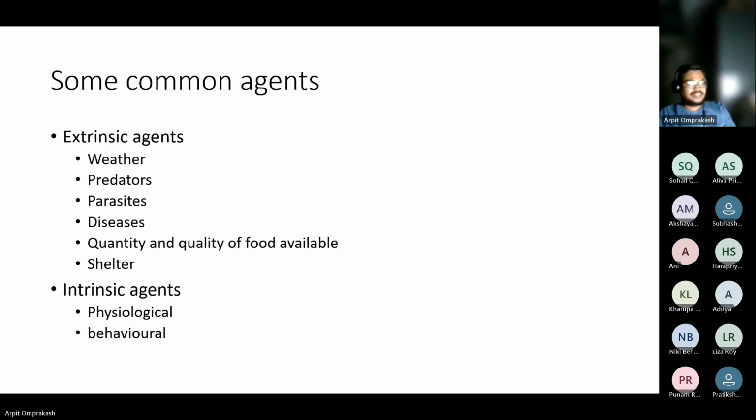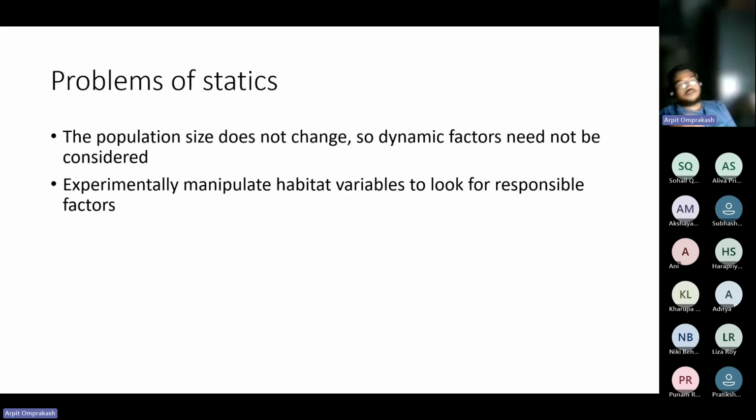Now, intrinsic agents might be things that are happening behaviorally or physiologically, inside the animal. Right? Yeah, metabolic changes or changes that might be happening inside the organism also.